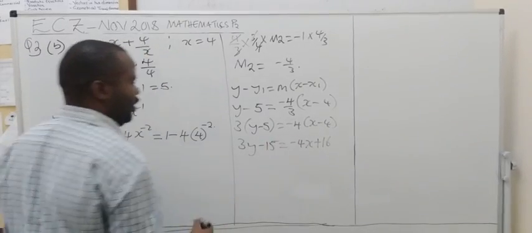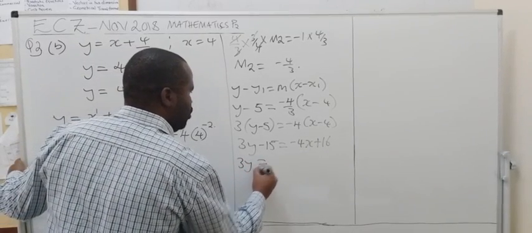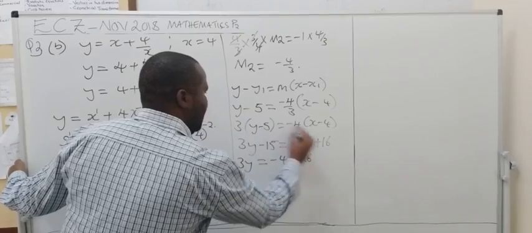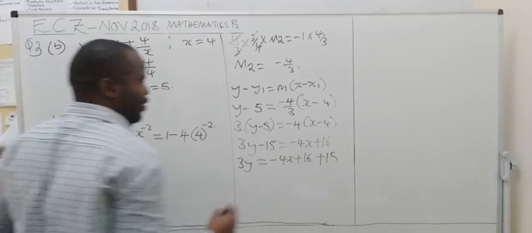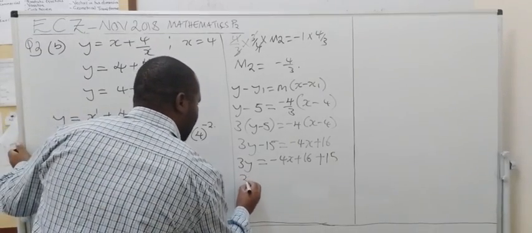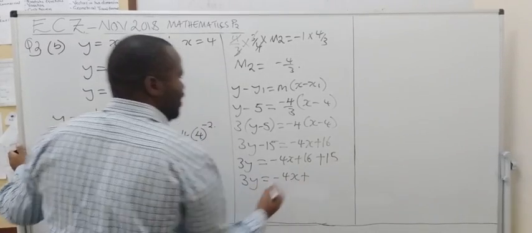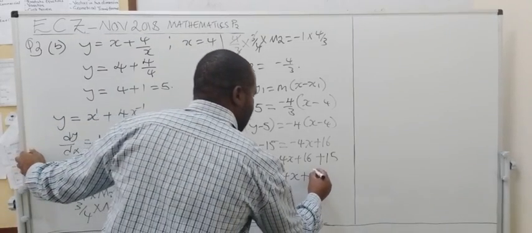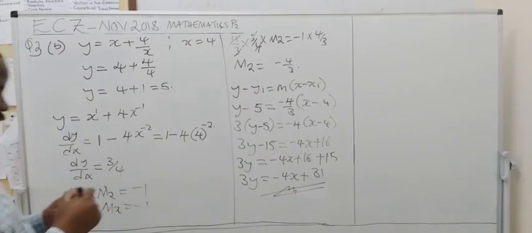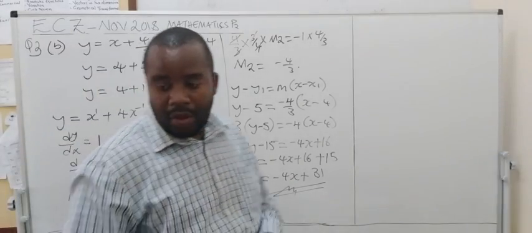This is negative 15, it becomes positive here. So we get 3y is equal to negative 4x plus 16 plus 15, you get 31. And that is the equation of the normal. So that's where we end for question 3. We go to question 4 now.